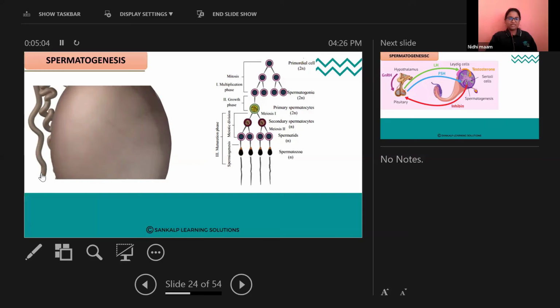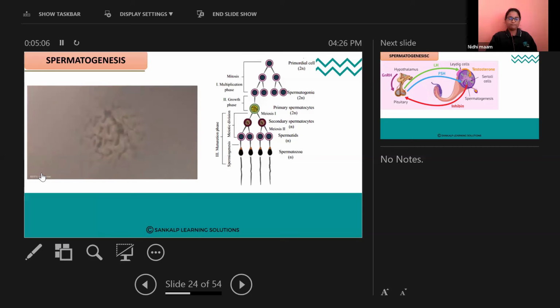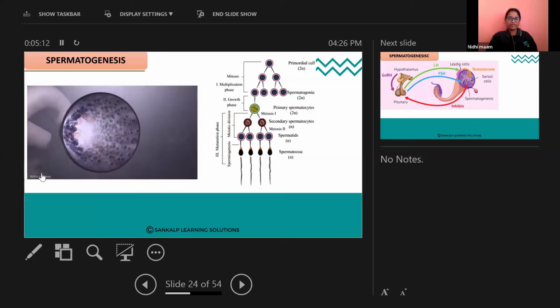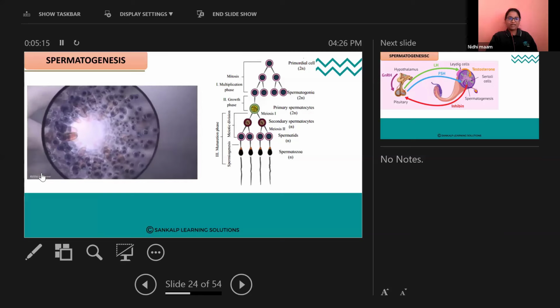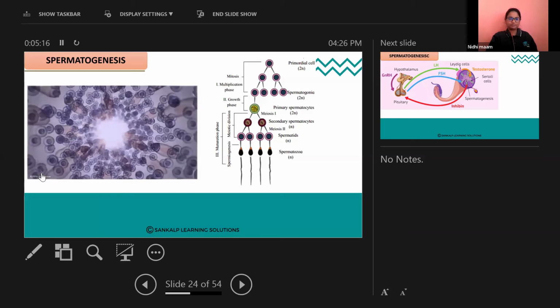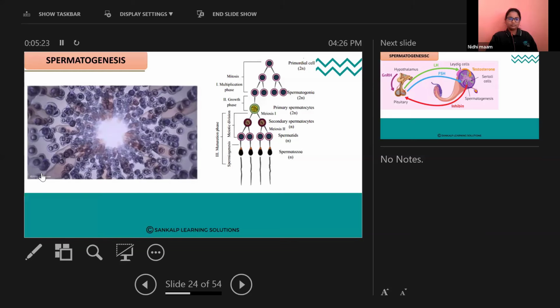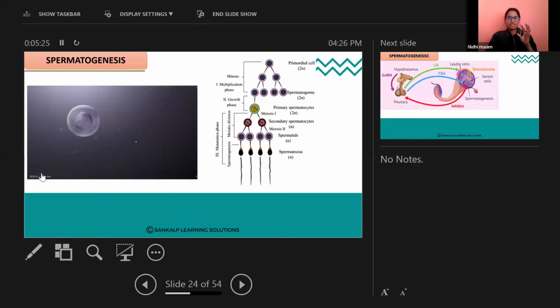Testis, inside it seminiferous tubules, spermatogonia cells. These will be diploid in nature, and the Sertoli cell. These spermatogonia cells will increase in size.